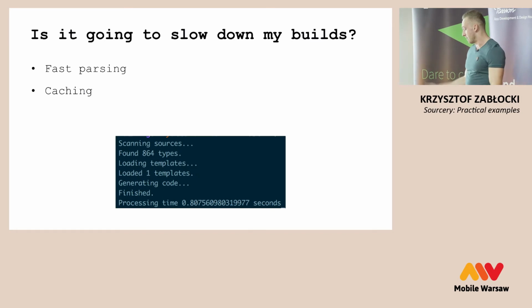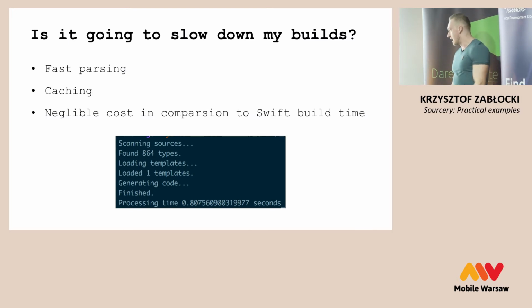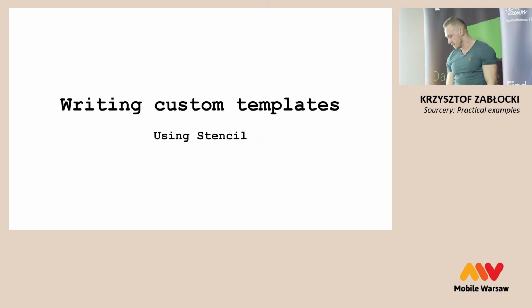That makes it way faster than what the Swift compiler has to do, because they have much stronger dependencies between the files. And the cost is very negligible in comparison to your compile times. This is the time it took for the New York Times, which is less than a second. Our compile time is like 5 minutes. So you wouldn't even notice that you added this.